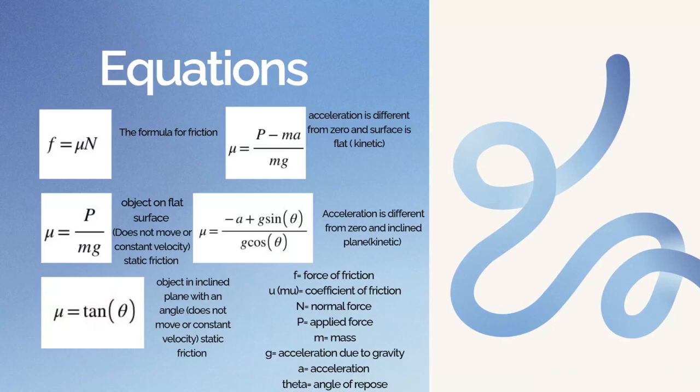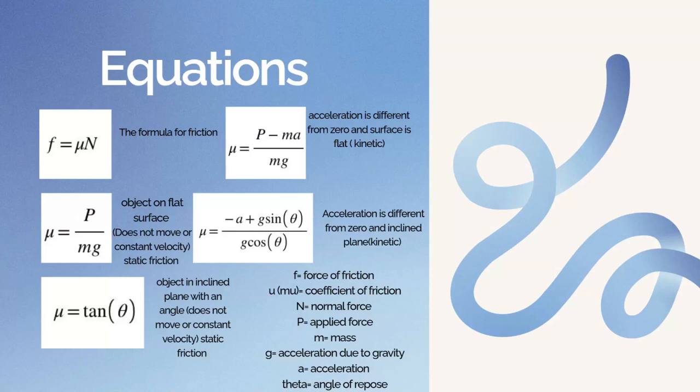This formula will only be used if an object is on the flat surface and only if it does not move or is at a constant velocity. The third equation is mu equals tan theta, and this is the formula for the static coefficient of friction, and it will only be used if the object is on an inclined plane with an angle and it does not move or is at a constant velocity.